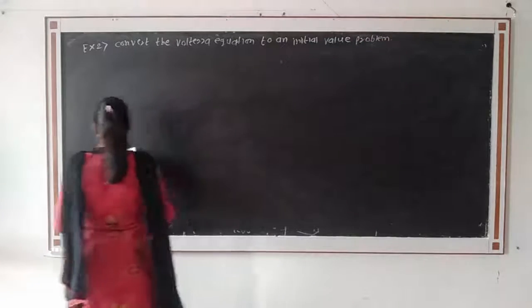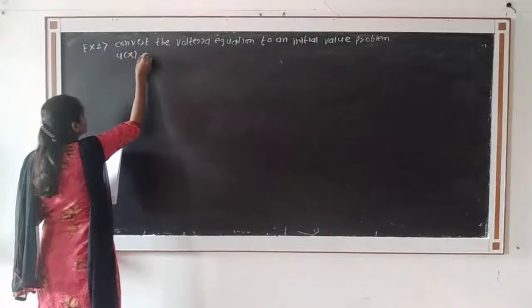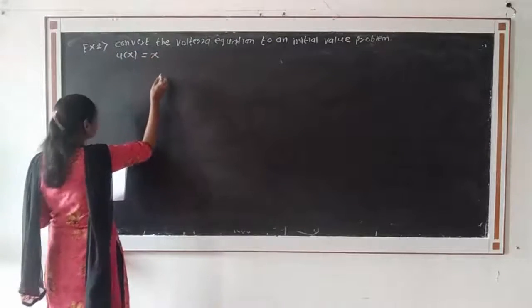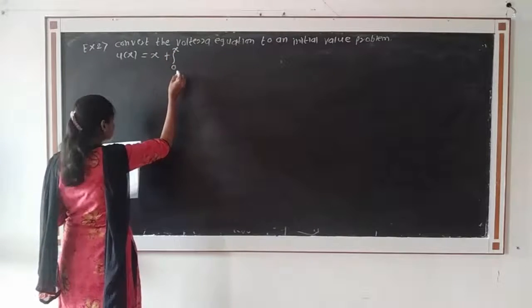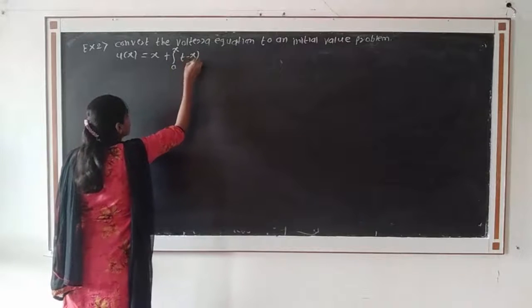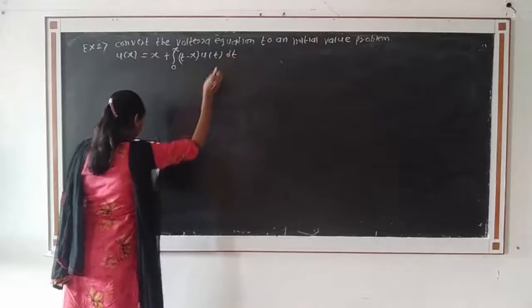The Volterra equation is u of x is equal to x plus integration from 0 to x of (t minus x) into u of t dt.